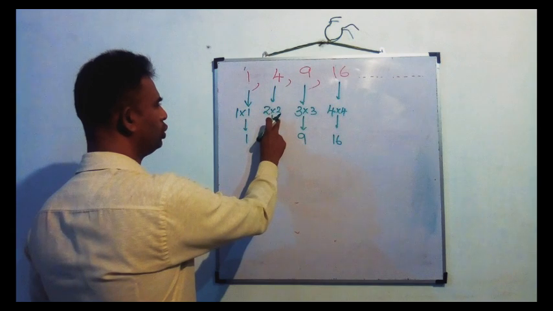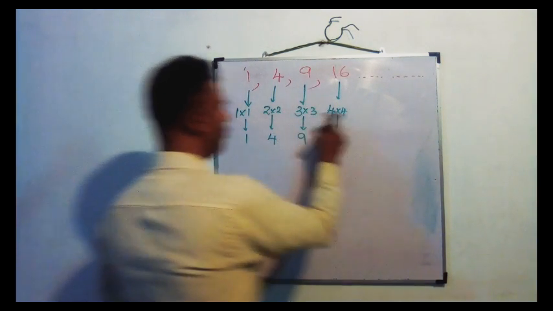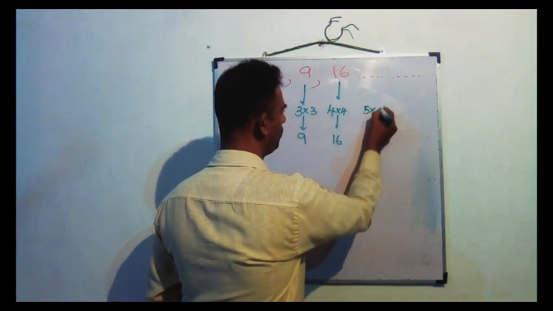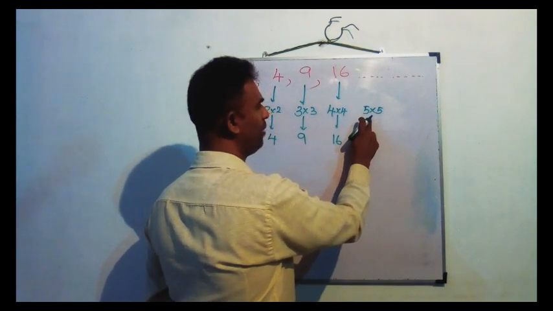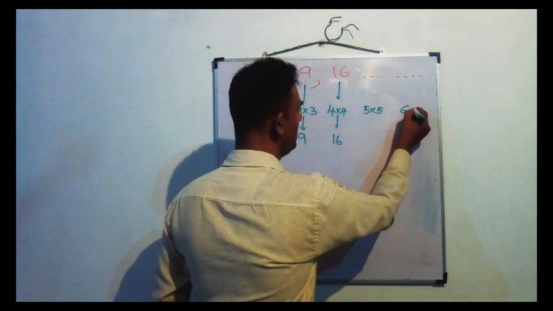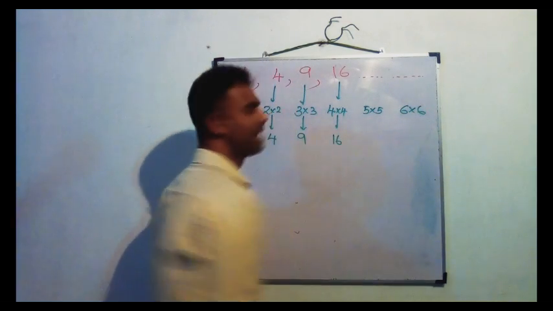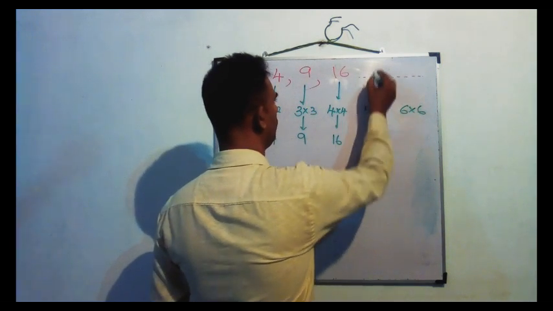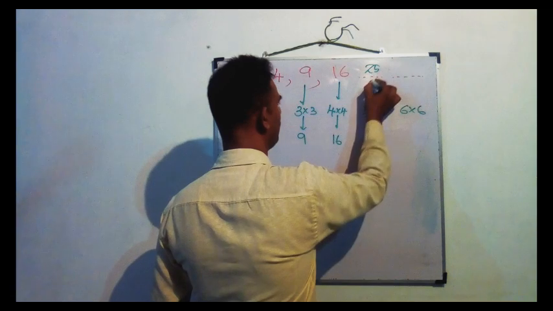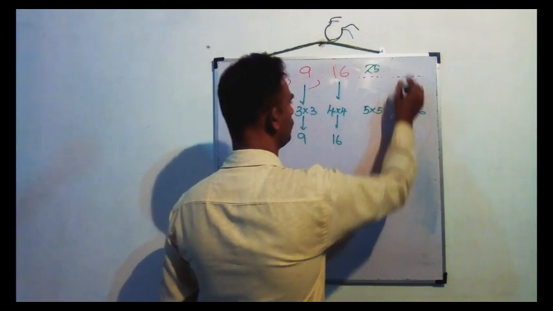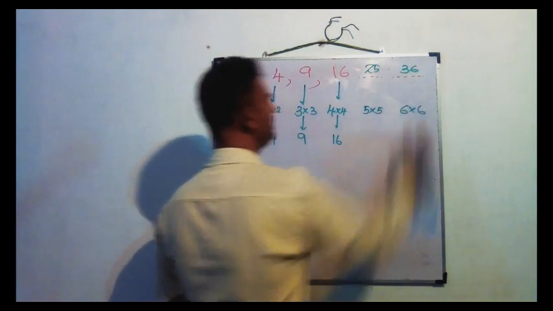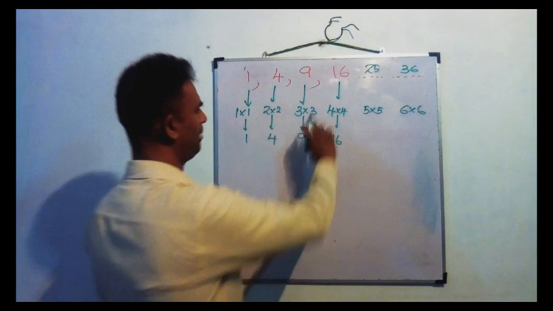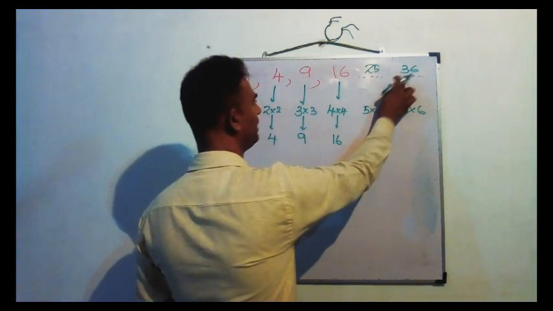Now we know that this should be 5 into 5, and this should be 6 into 6. 5 into 5 is 25, 6 into 6 is 36. The blank places we can fill with 25 and 36.